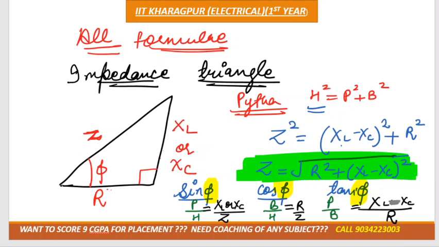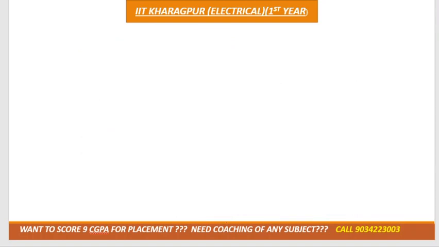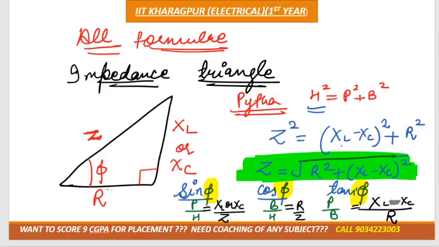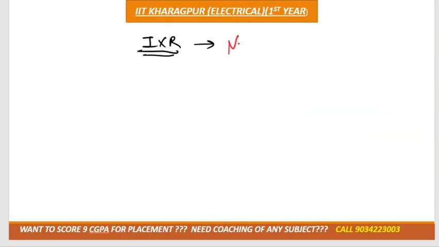Now tell me, any problem, any doubt? Okay. Now this is the impedance triangle. If I multiply current with the resistance, what will we get? We will get voltage, right? So now we'll make a voltage triangle from the impedance triangle.